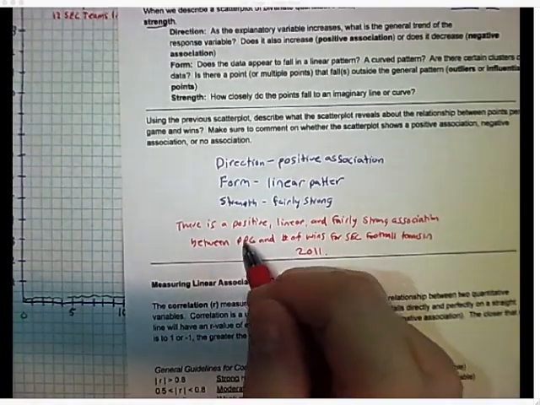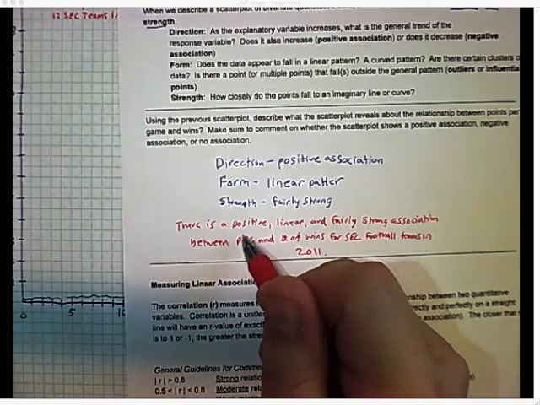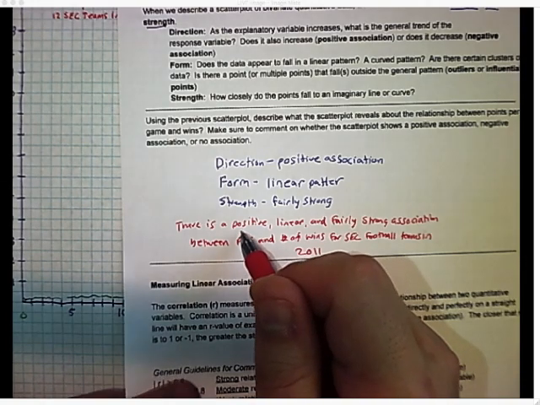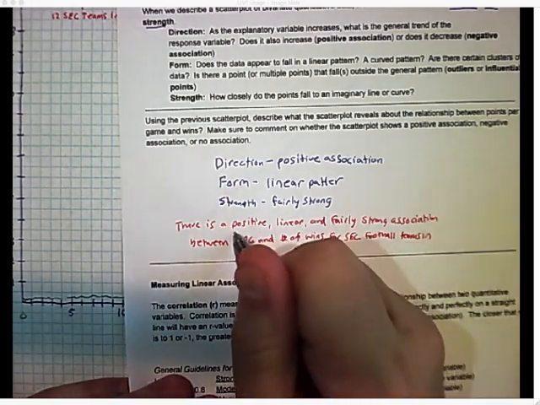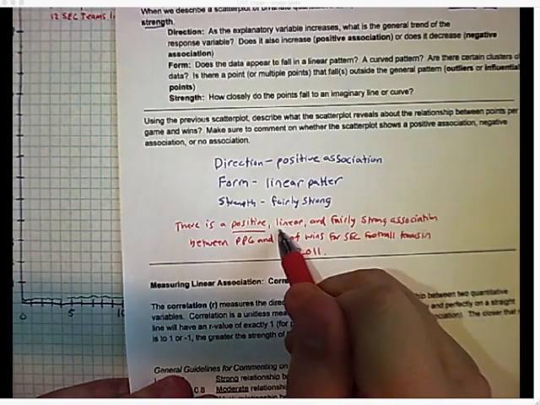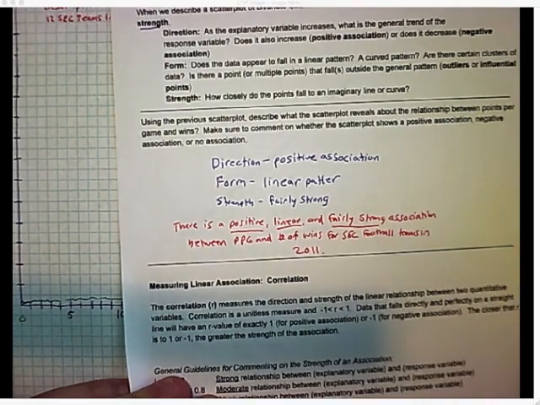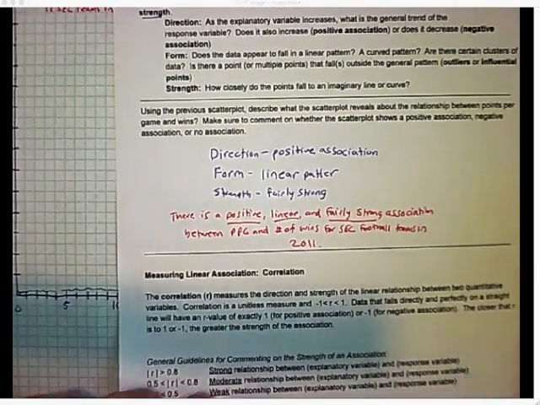So that's what they're looking for. If they ask you to describe the scatter plot, they're looking for direction, form, and strength. Those are the three things they're looking for.